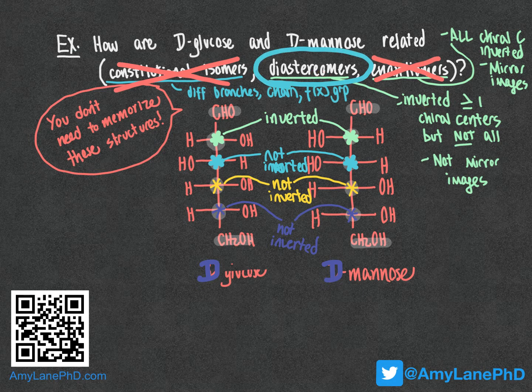If any number of chiral centers have inverted, but not all of them, then the two structures are related as diastereomers. So diastereomers is the relationship between D-mannose and D-glucose, two of the very common monosaccharides.